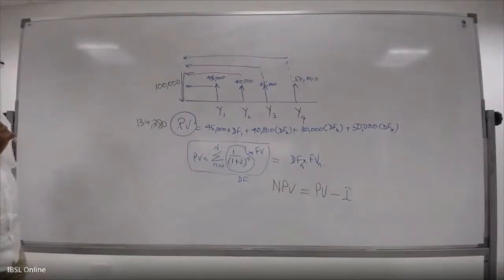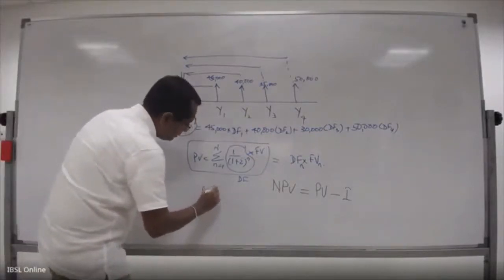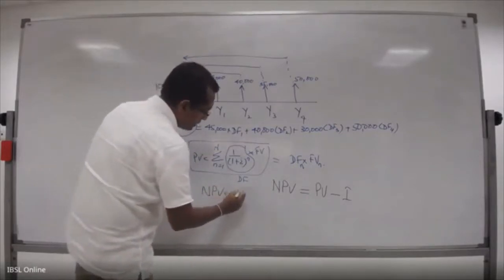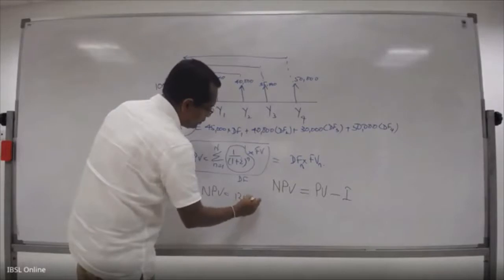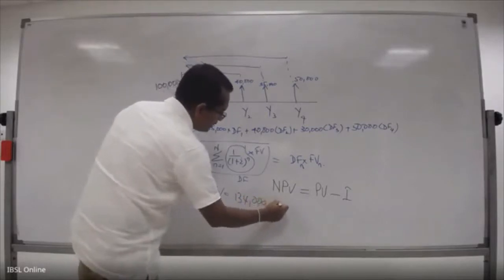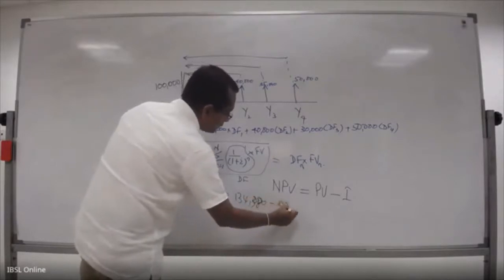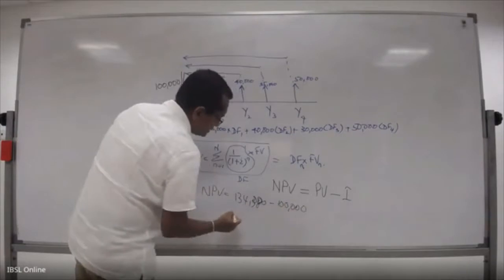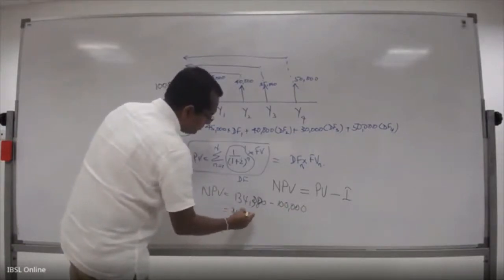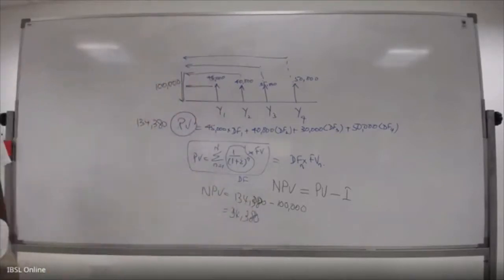Okay, so net present value equals 134,380 minus 100,000.